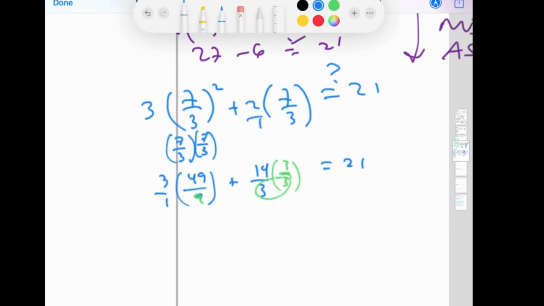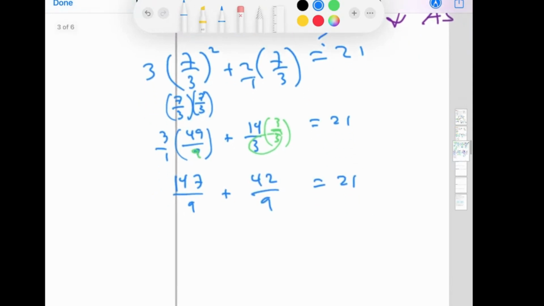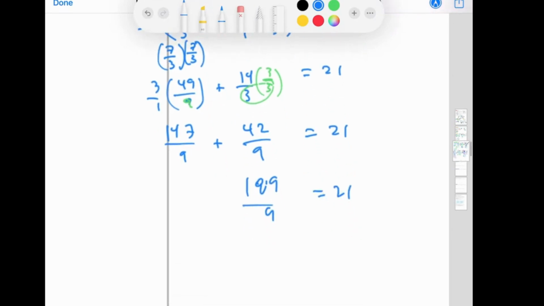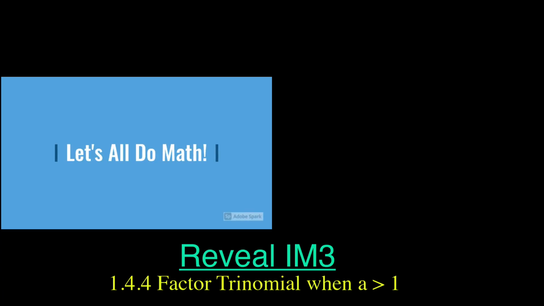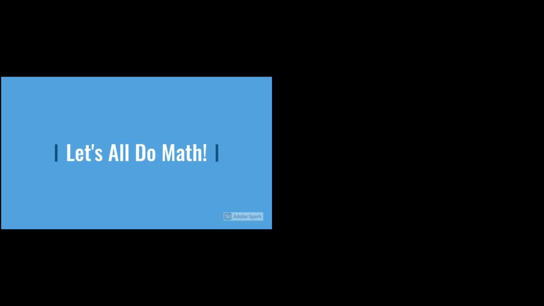So 7 times 2, 14, times 3, 147/9. Feel free to use your calculator. And this will give me 42/9. And this will give me 189/9. And 9 goes into 18 twice, 9 and 9, 1. Yay! It checks.